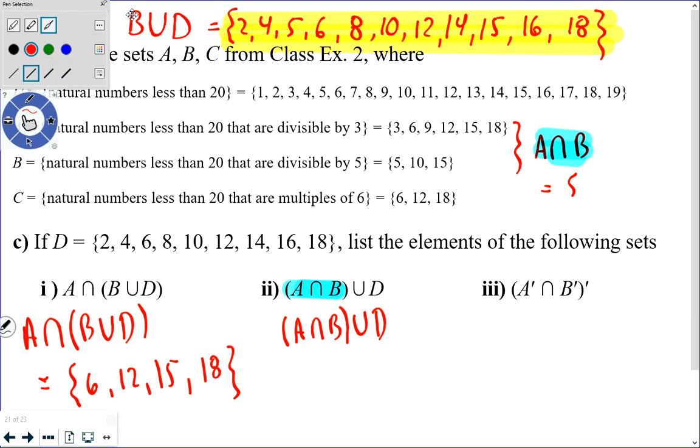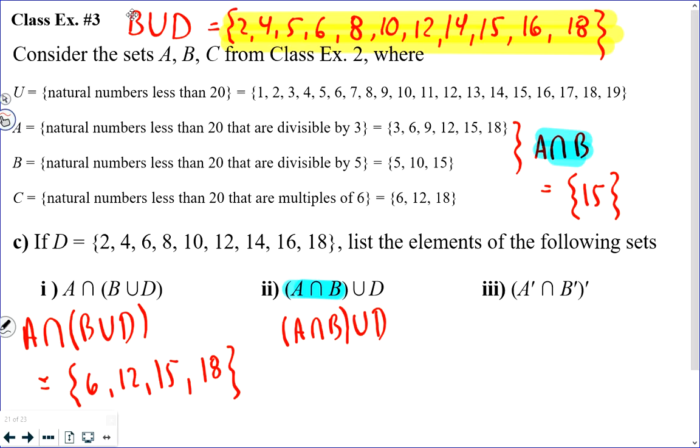In fact, had I been more on my toes, I think we already figured this out in a previous question. Anyway, the intersection of A and B is 15, so now this set will be equal to anything that is in A and B or in D. Well, all we have to do is add that 15 to D and we've got our answer. 2, 4, 6, 8, 10, 12, 14, add in that 15, 16, and 18.